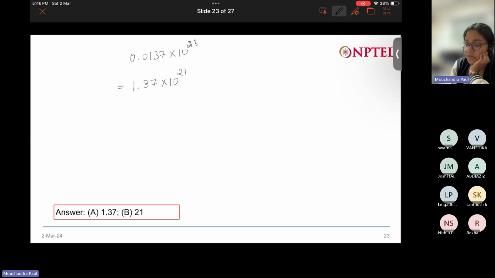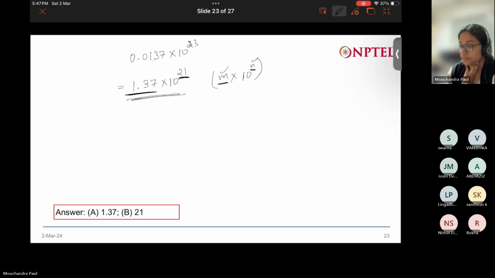You just multiply with 100 and divide by 100 on this side. So this is your answer. You have to get the values of m and n, right? So m will be 1.37 and n will be 21. So that's the answer for this question, and this is how you will solve this type of question.